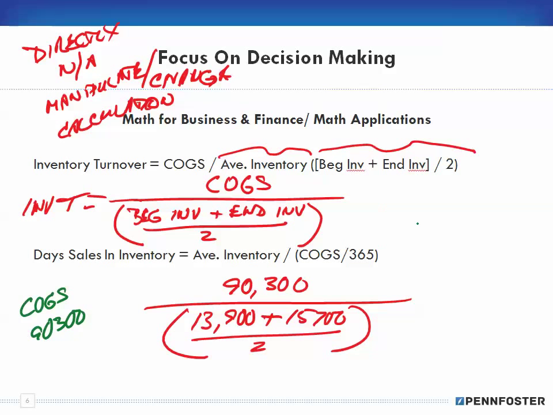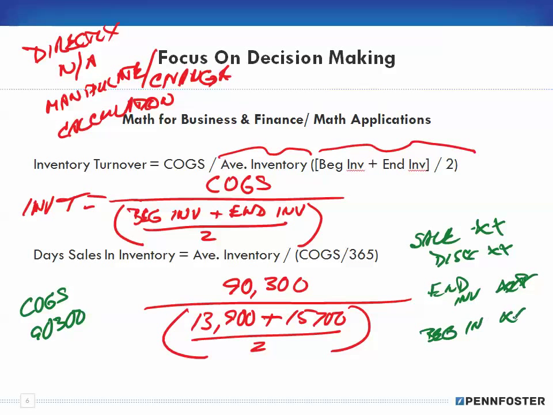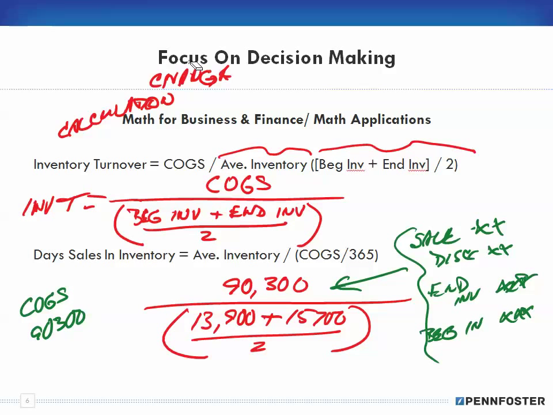Or they can say you had sales of this amount, you had discounts of this amount, your ending inventory was this amount, and your beginning inventory was this amount, and they don't supply the cost of goods sold. Well, then this is information you're going to have to use to calculate your cost of goods sold. So just be aware of that when you're looking at a problem.